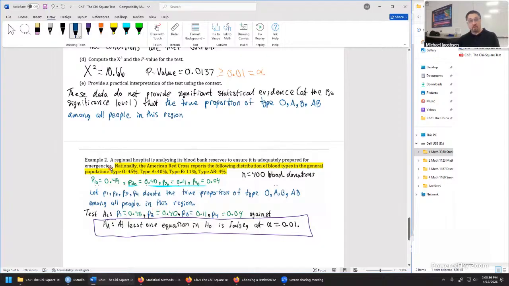Or we can just cite the National American Red Cross information here. If we did that, it's a little bit faster to say, but I'll leave it up to you as a judgment call, how you would like to say it.